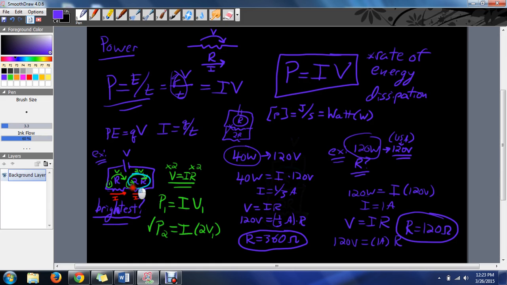But in series, if we cut this one out, then it opens the whole circuit, and we have an open circuit. We don't have a closed circuit. So parallel is so much better, because parallel preserves the voltage drop over all resistors and keeps it constant 120 over everything. So a higher resistance means less current, same voltage, less wattage. So we can solve for that resistance running backwards.